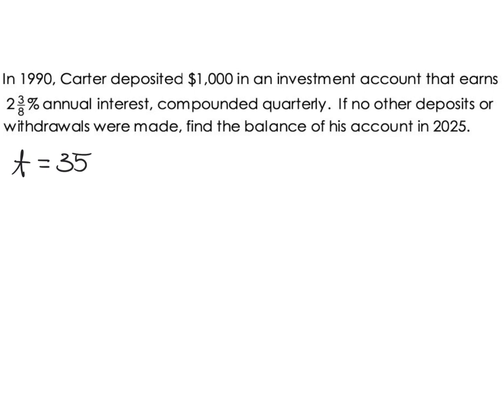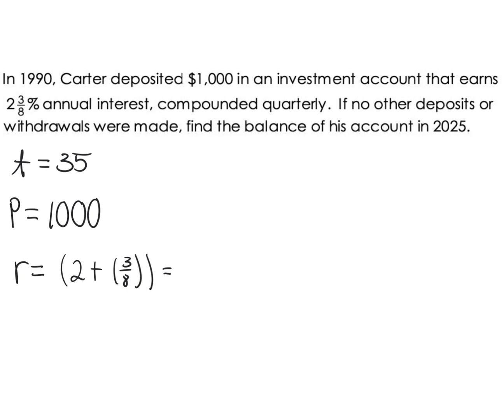The principal is 1,000, the starting amount. And then for our rate, we just have to convert this to a decimal. To do that, you can just type in the calculator 2 plus 3/8, and then that will equal 2.375.